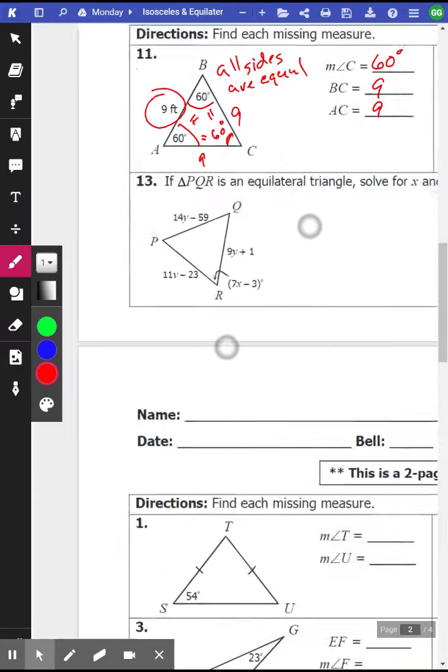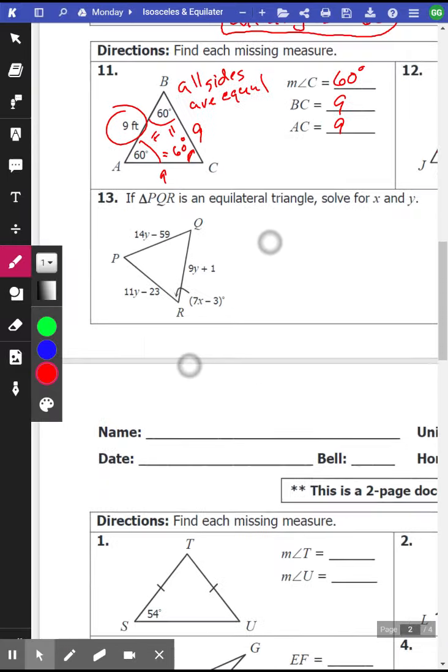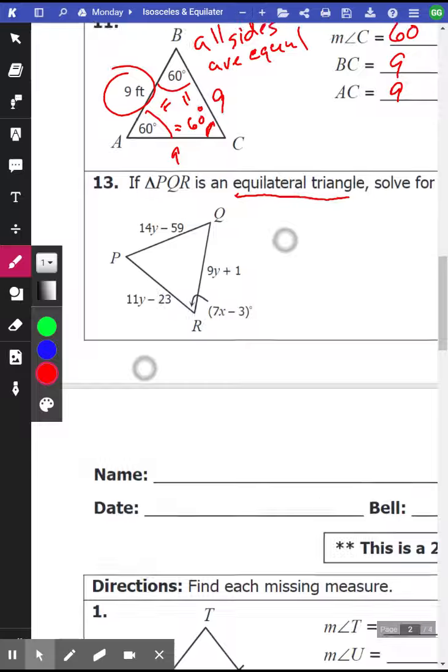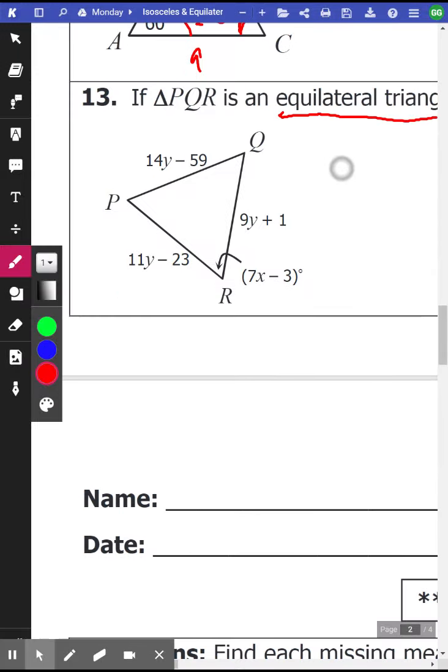So let's inject algebra into this. It is stating this is an equilateral triangle. Solve for x and y. Well, I'm going to do the easiest one first. It's telling me it's equilateral, then I know each one of these is 60 degrees.